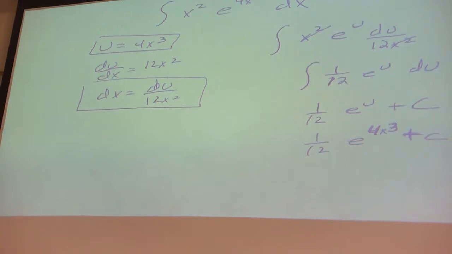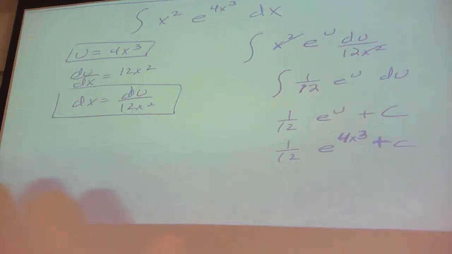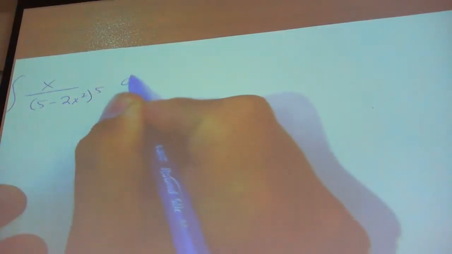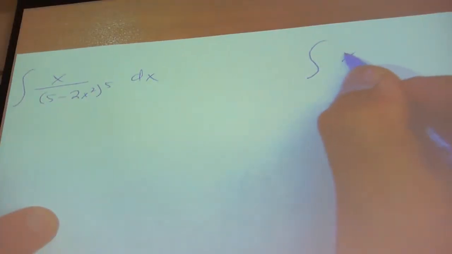Questions on this one? All right, some of you are really getting it, some of you may be a little confused. There's 2 left, then we'll do a word problem. Do you want both of them at the same time, or do you want one at a time? Same time. All right. So here's one of them. Here's the other.